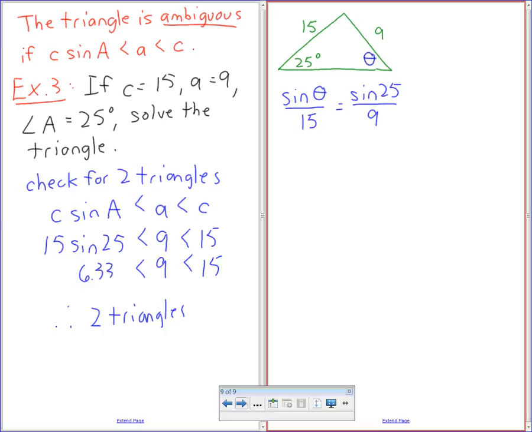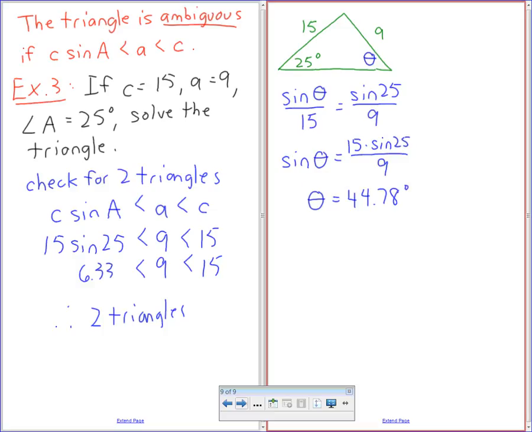All right, Leah, what did you do next, please? Bring that 15 over. So sine theta equals 15 times sine 25. All right, great. Jennifer, what's theta going to be, please? 44.78. 44.78, thank you.